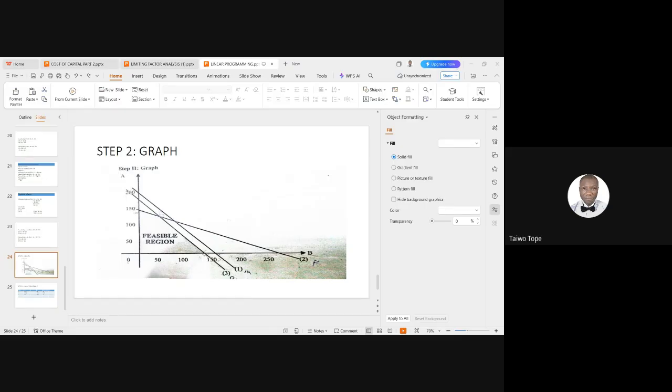For you to know the total contribution at point A, at point B, at point C, you need to go and pick your objective function. The objective function when we started solving this question is to maximize contribution.